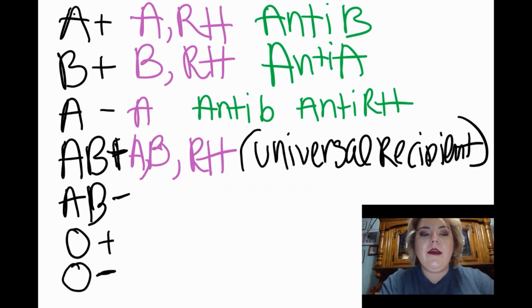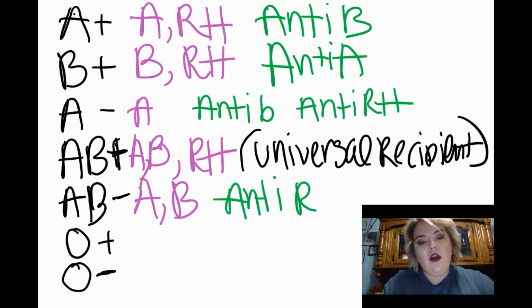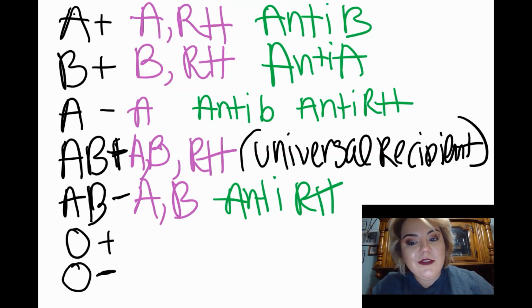All right, let's jump back in. So AB negative is going to have A, B, and nothing else, and it's going to have anti-RH. O positive. So with O's, there's no O antigen, right?